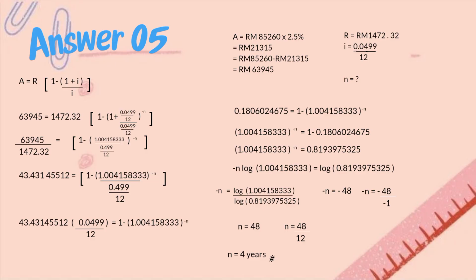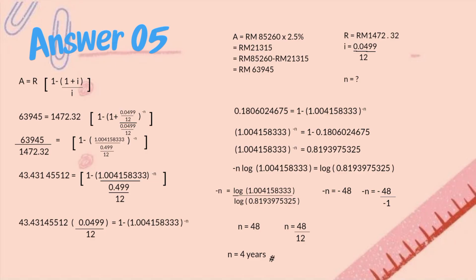So we can get 0.1806 equals 1 minus 1.00415 to the power of negative N. And we change from behind to the front, and we can get the answer, and we change to log.